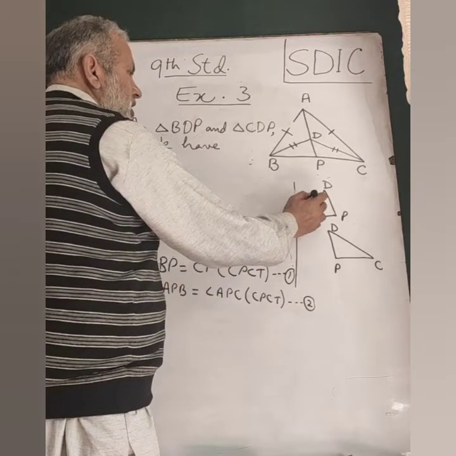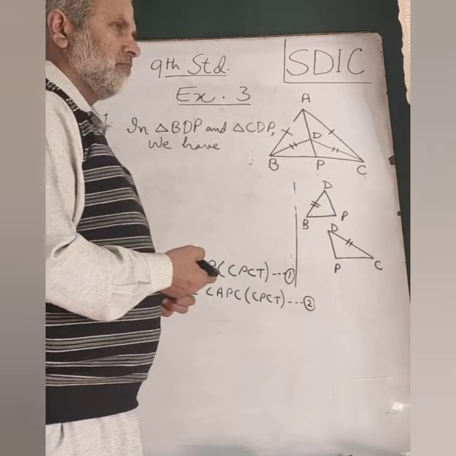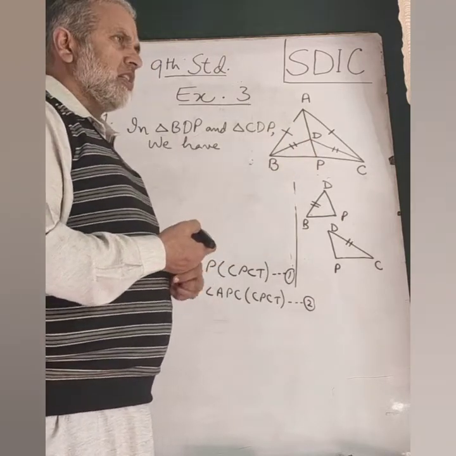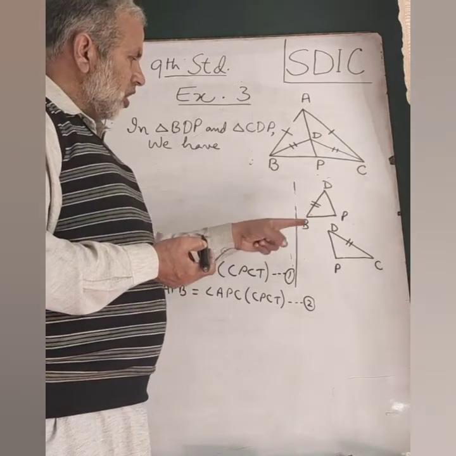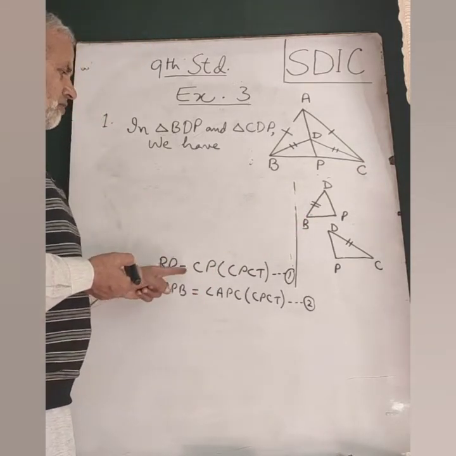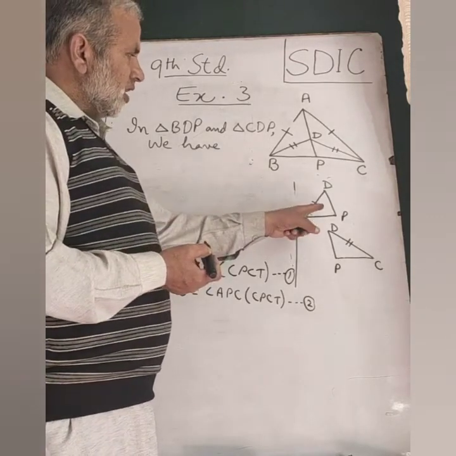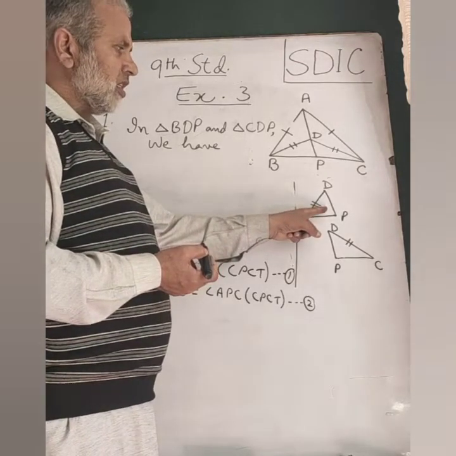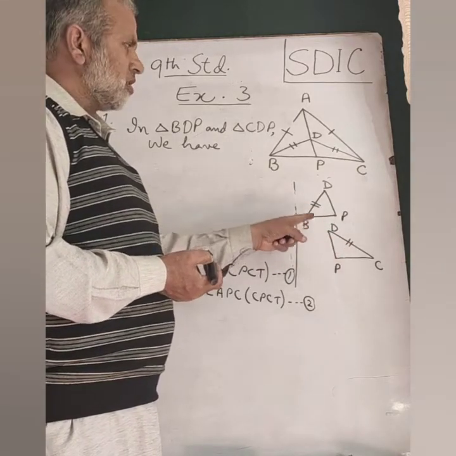We have BD equal to CD, this is given to us, first point. Again they have a common side, DP is their common side. And we have already proved here BP equal to CP, that will be the third point. Thus we find three sides of this triangle equal to three sides of this. BD equal to CD given to us.